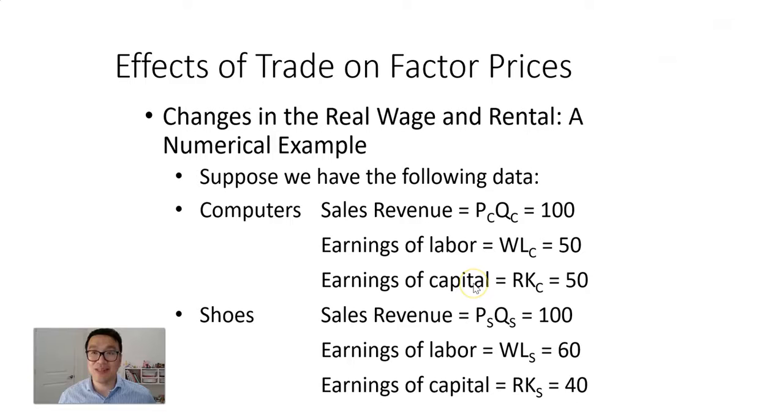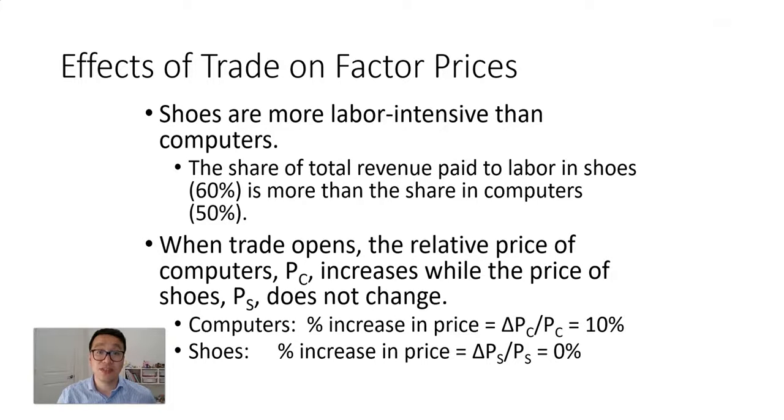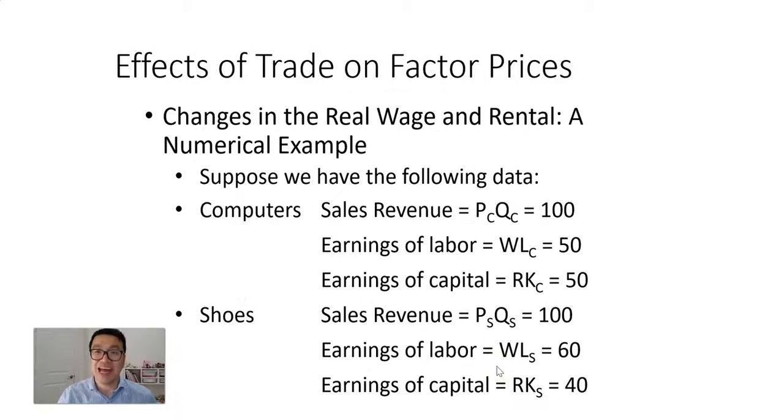To produce something you also need machines and equipment, and the earning of capital is the payment to capital. That applies to both computers and shoes. We also assume that when trade commences, the prices change: the computer price will increase by 10% and the shoe price will remain unchanged after trade.